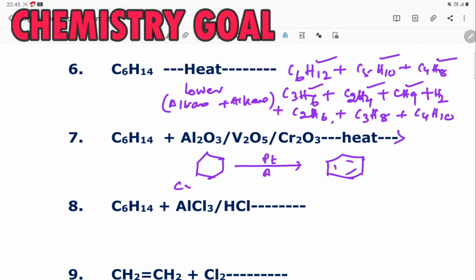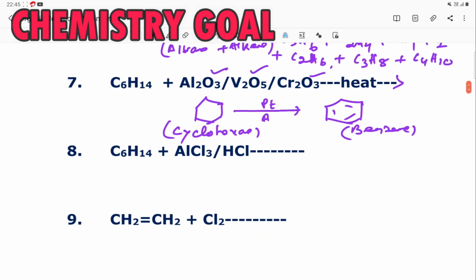So this is your cyclohexane and this is your benzene. This is called dehydrogenation in presence of aluminum oxide or vanadium pentoxide or chromium oxide. On heating, hexane produces cyclohexane and further heating produces benzene.